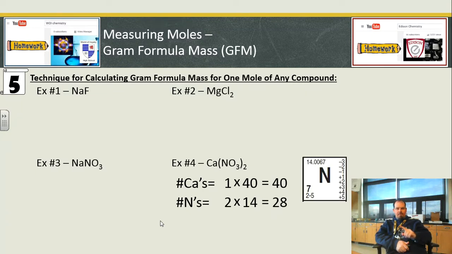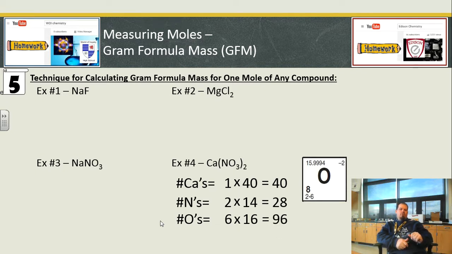And then I have to back distribute the 2 into the oxygen also, which means I have 6. There's now 6. This is 3, this is 6. 6 oxygens. Each oxygen, again, still weighs 16. You're going to get to know oxygen is 16 quick, I promise. And 6 times 16 is 96. In my head, good, good, good.